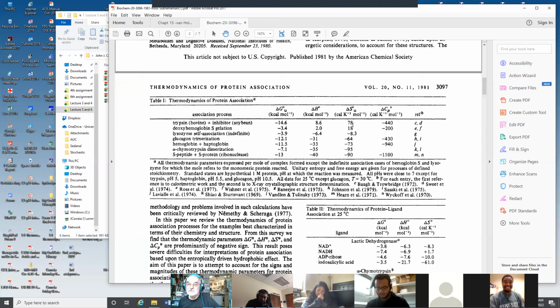Sometimes it's positive entropies, sometimes it's negative entropies. Okay. Why is this different than small molecule interactions? The small molecule interactions suggest that the enthalpy should be negative and the entropy should be negative. It also shows heat capacity differences, which we'll talk about a little bit. The heat capacity differences tend to be negative. This is essentially the temperature dependence of the reactions, okay, and how these change with temperature.